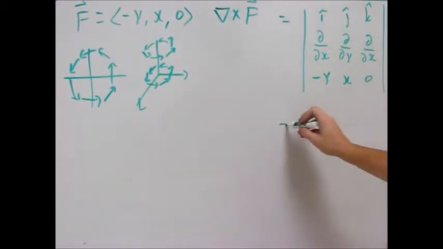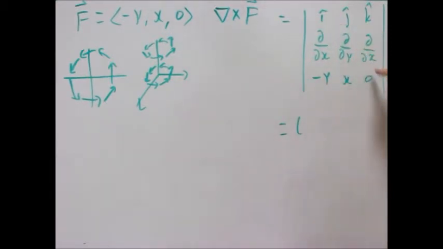So the 0 will simplify the calculation. The partial with respect to z of negative y is also 0, and then the partial of x with respect to x is 1, so it's 1k.